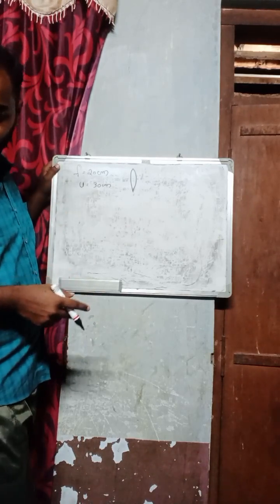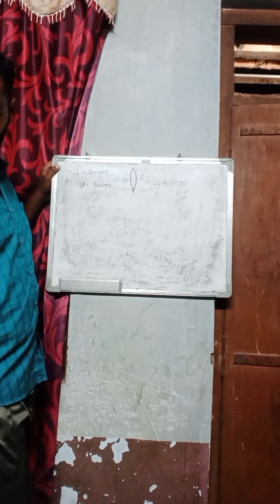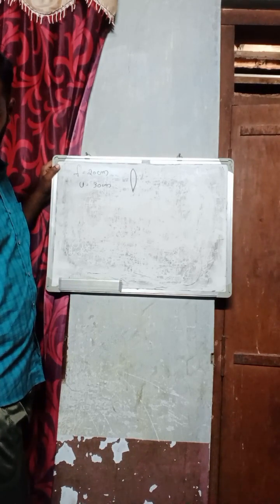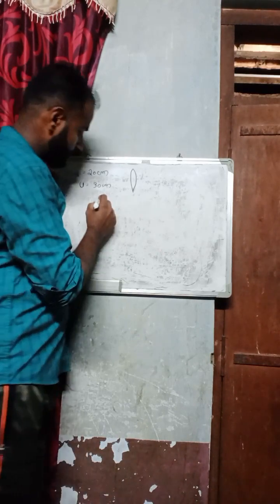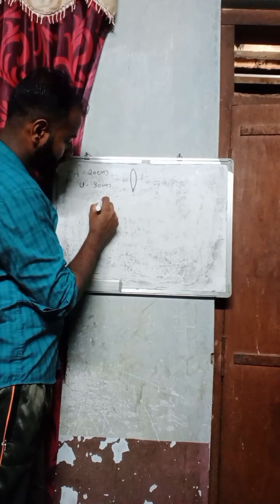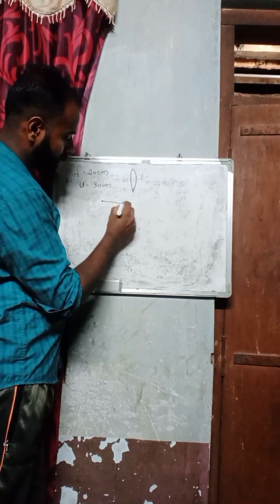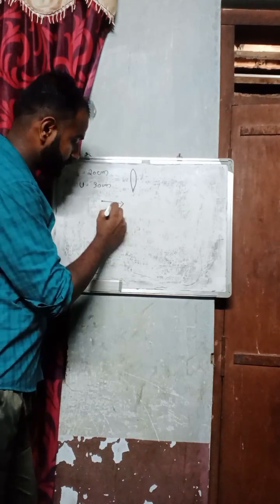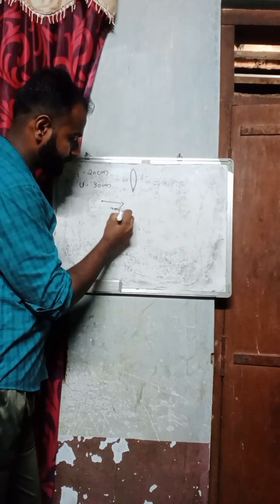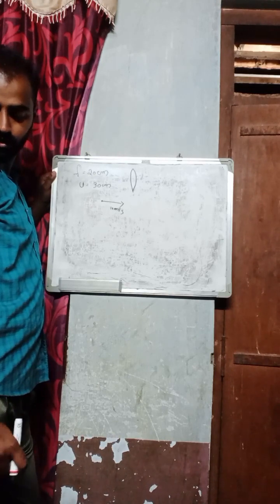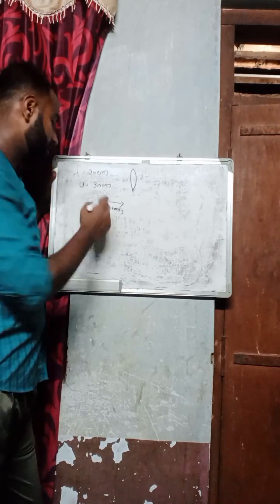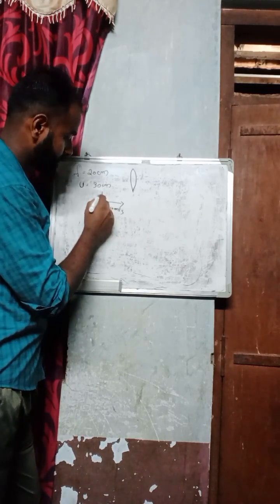Suppose the object is moving. This is my object. The object is moving 10 meter per second in the x direction and 5 meter per second in the y direction.